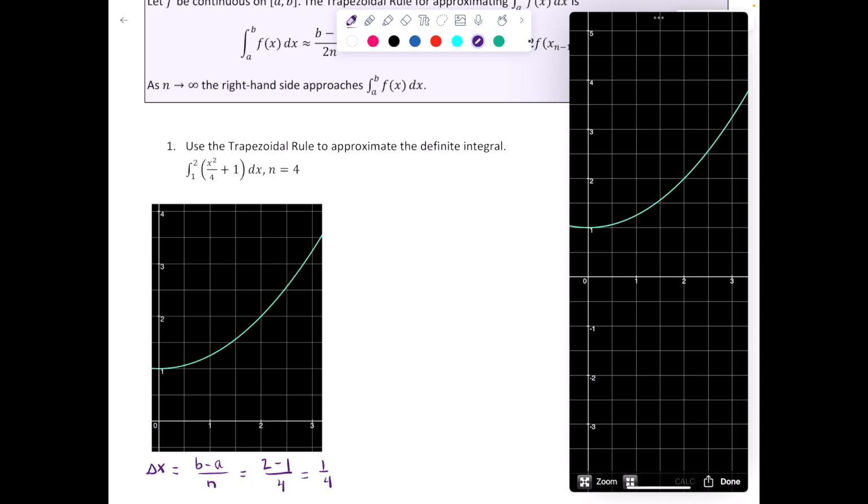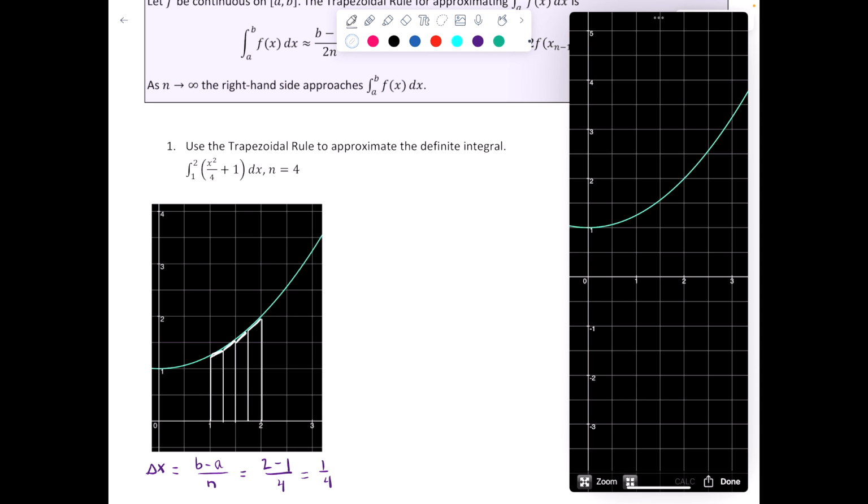Cool so far? And so what this will look like visually would be, you would start at that x0, which is 1, and then you'd be about here, halfway in between, and you'd have 1 of your trapezoids, right? Something like this. And then the next trapezoid. We good?